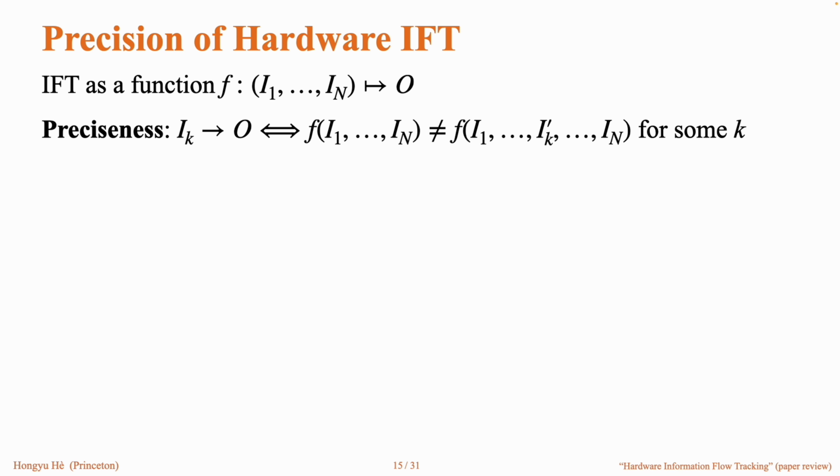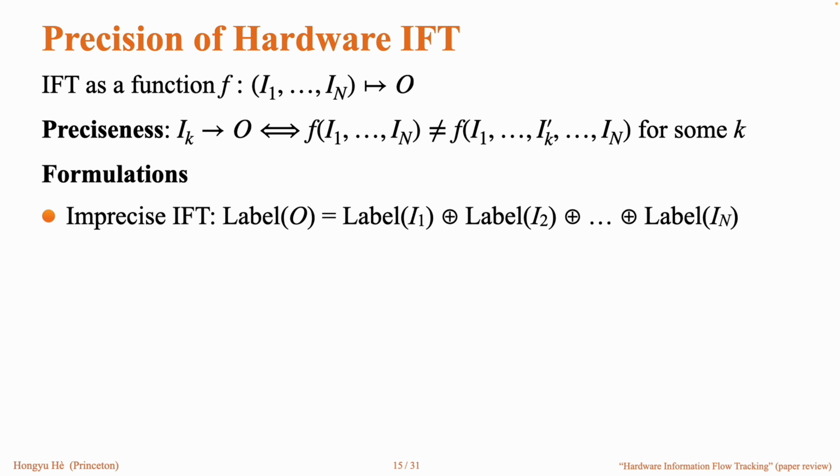Preciseness is defined as: the output label is only changed if one of the inputs has changed. So if one of the inputs can influence the output, then there is information flow, for example, from input K to the output label. That's preciseness. If there isn't any correlation or change propagating from the inputs to the outputs, then there is no information flowing.